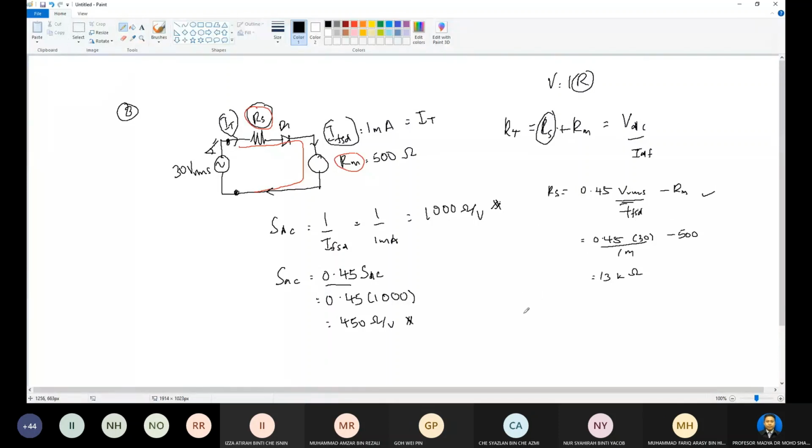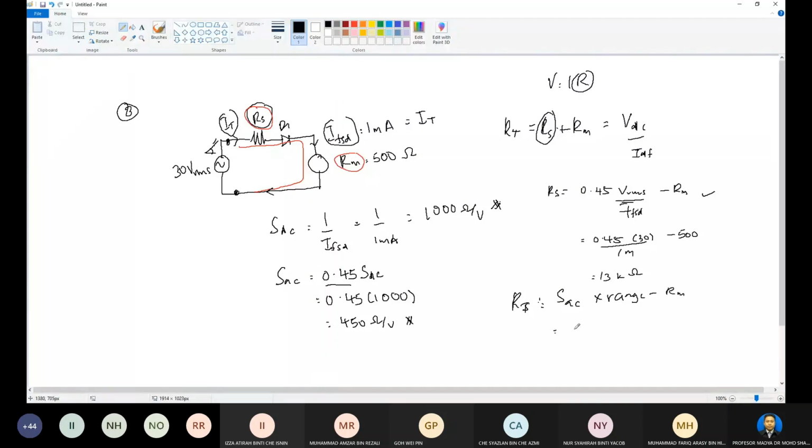So another formula, straightforward. This RS equals AC sensitivity multiplied by range, minus RM.